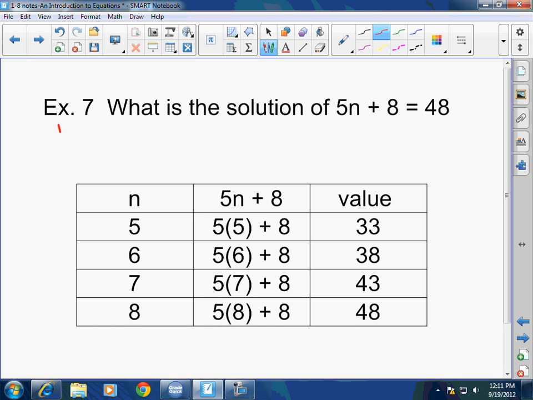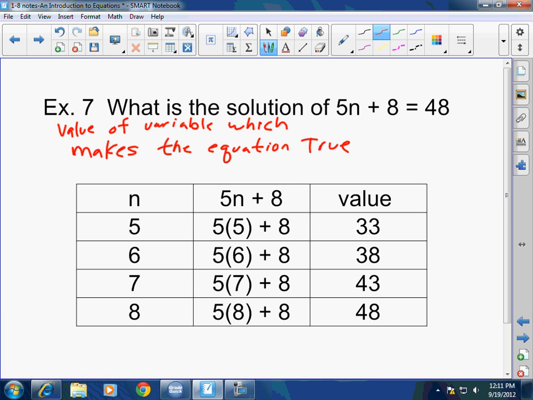The solution is the value of the variable which makes the equation true. So which value of n here, gentlemen, makes this equation true to equal 48? Yes, sir. Yes, when n is 8.